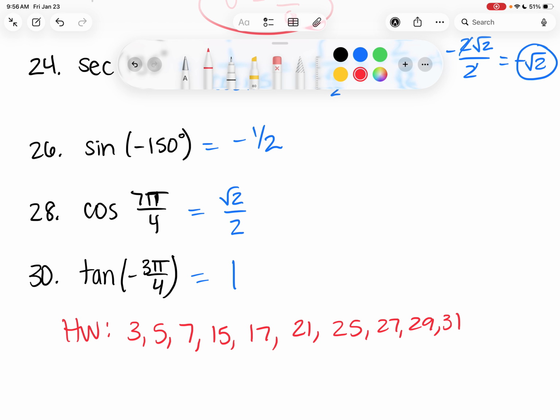Next week we're going to have the unit circle practice. I think we said Friday, or Thursday, something like that. If we're in school on Tuesday, you're going to have a quiz on 13.1 to 13.3 on Wednesday.